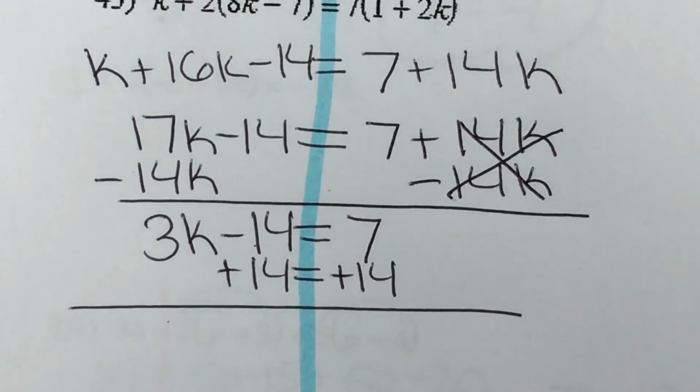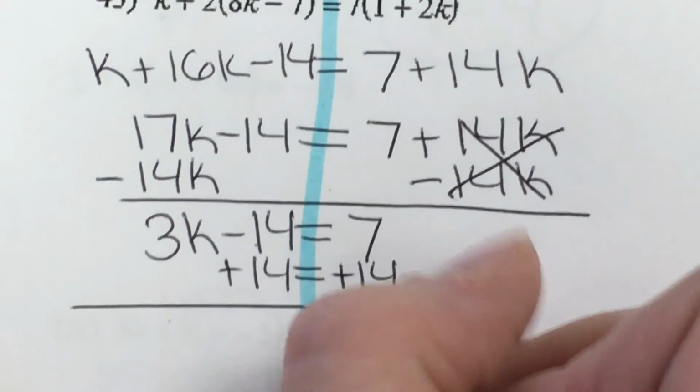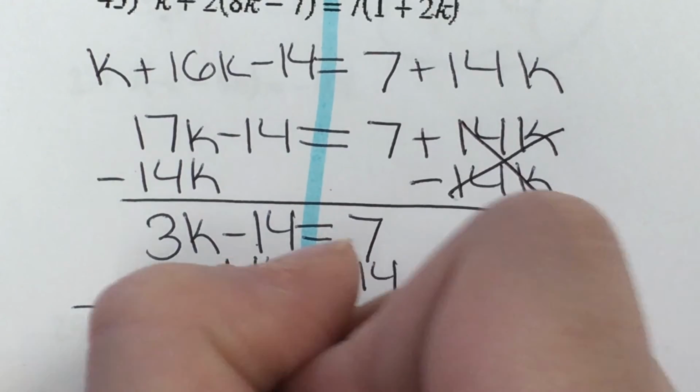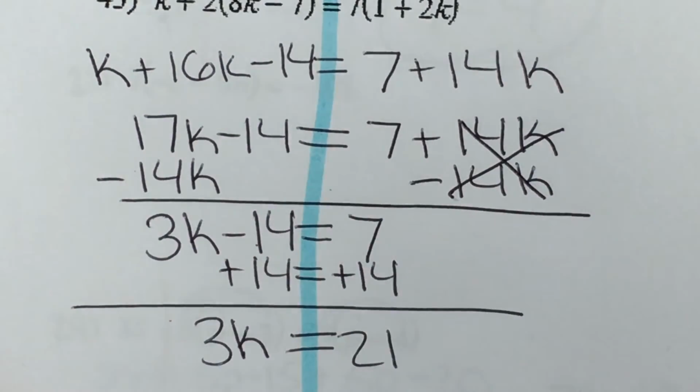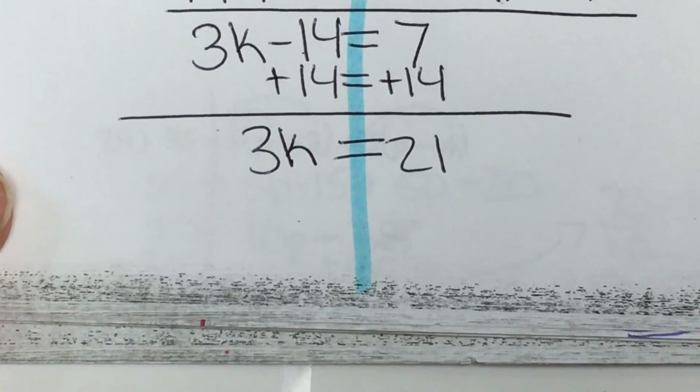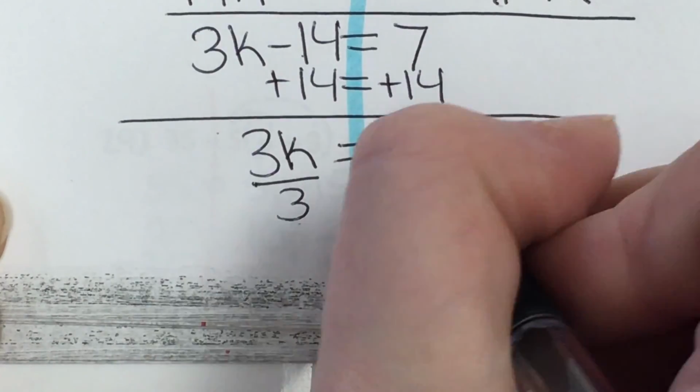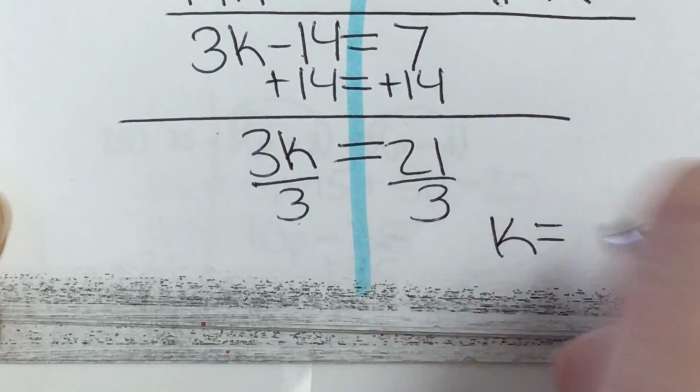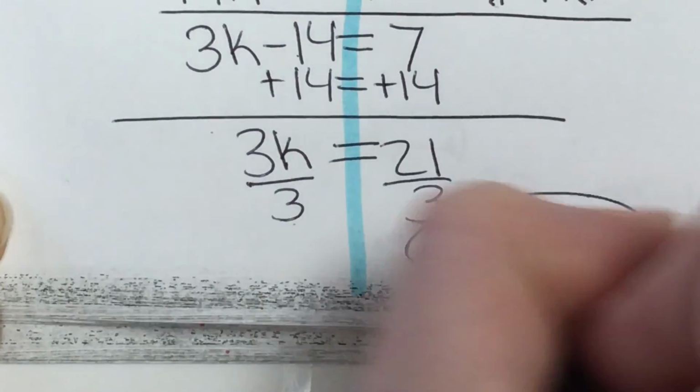Okay. And then this is 21. 3k on the left. Last step, almost done. Divide out that 3, and k is going to be equal to 7.